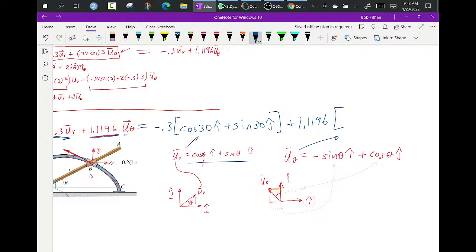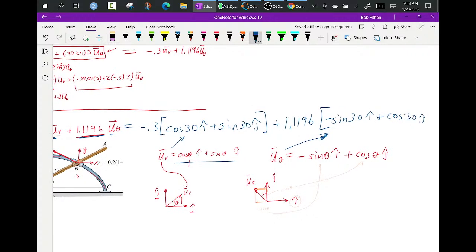I'm sorry, the UR went here, the U theta went here. That's 30 I plus cosine of 30 J.